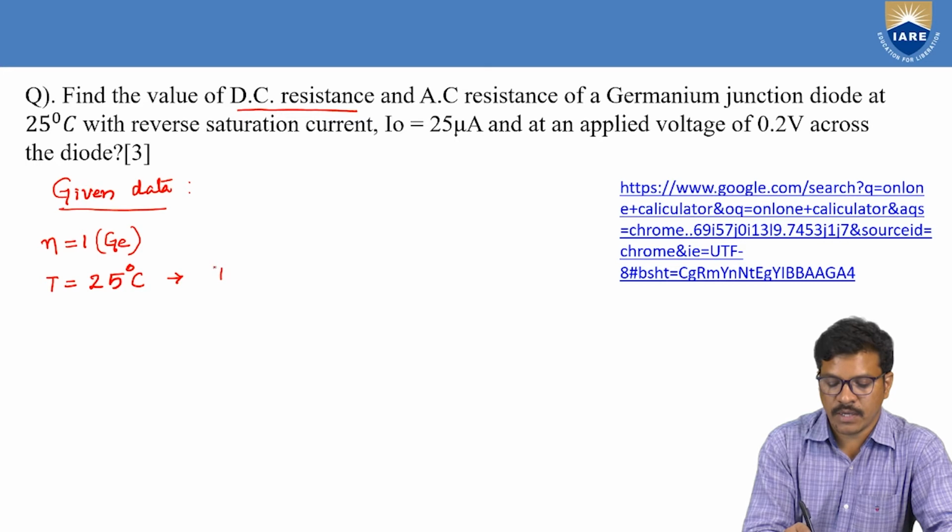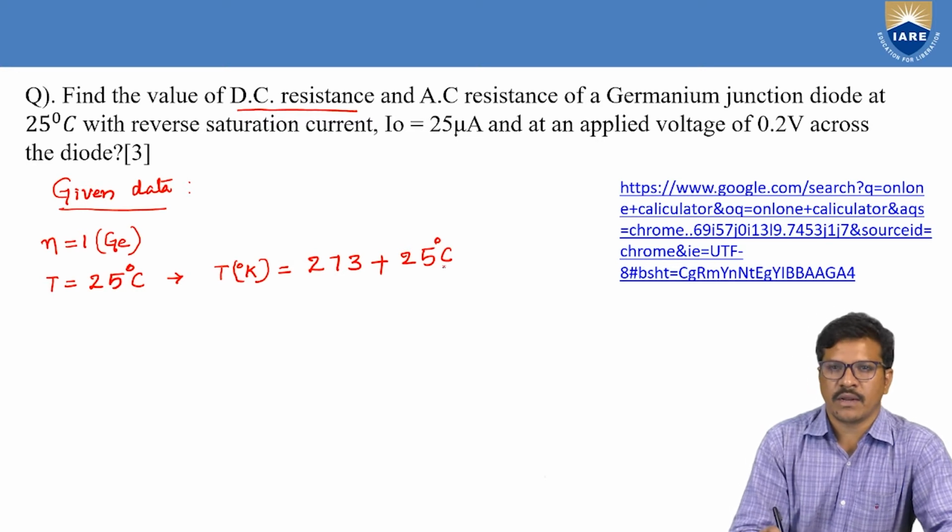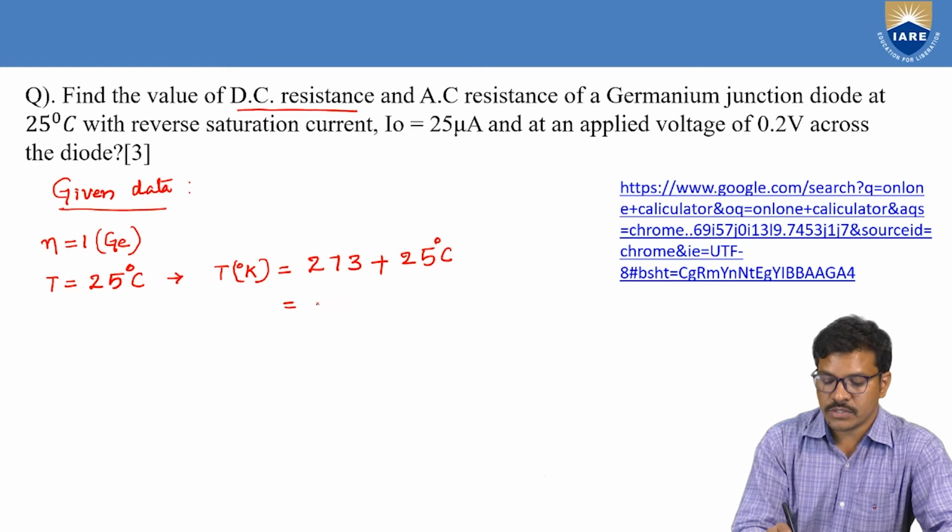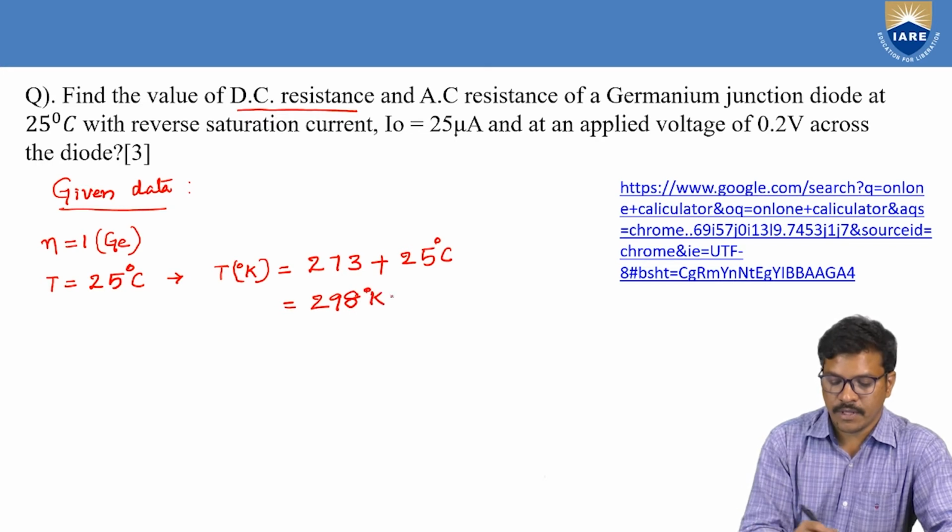T in Kelvin is equal to 273 plus 25 degrees Celsius. We add 273 to the known temperature in degrees Celsius to get the temperature in Kelvin, so 298 Kelvin is the actual temperature.